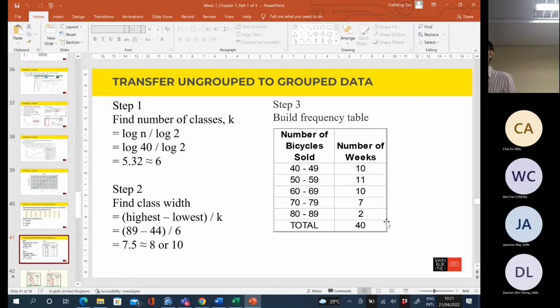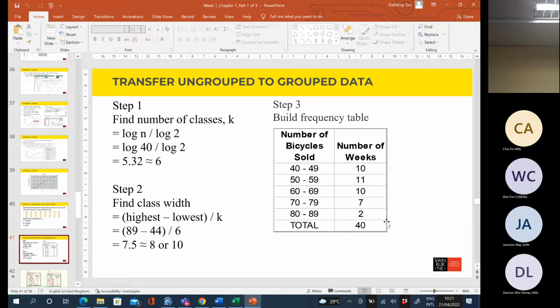All right. In your project 2 later on, when you want to calculate the mean, mode, median, or the standard deviation, make sure you change all these class intervals into class boundaries. You also need to change this to class boundaries when you want to draw the histogram, polygon, and so on.